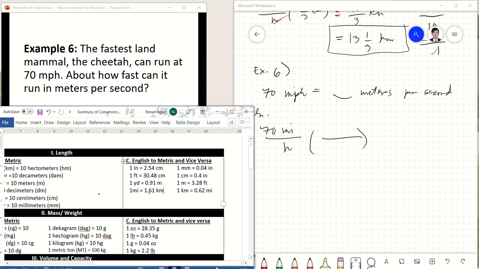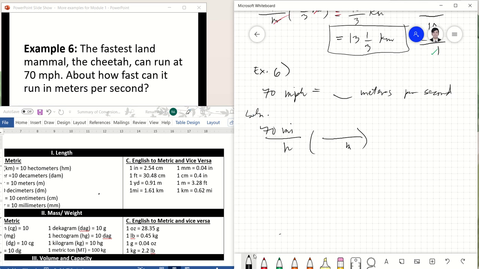Okay, perhaps we can convert miles to kilometers first, and then kilometers to meters. So we put the miles in the denominator, then kilometers on top, and then finally kilometers in the denominator, then finally meters on top.